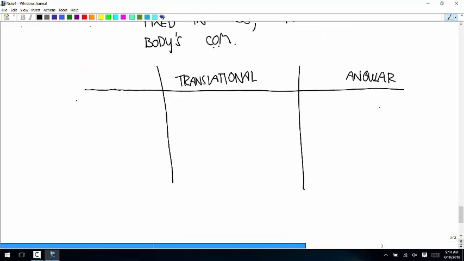Okay, so first, position. If you're talking about translational motion, that's a position vector. If you're talking about angular motion, that's theta. Second is velocity.